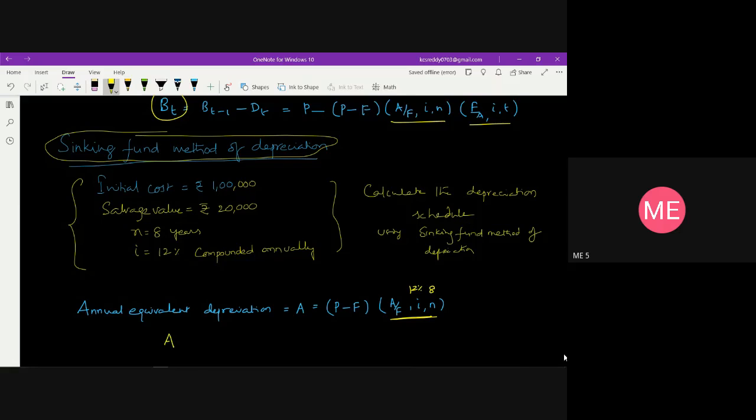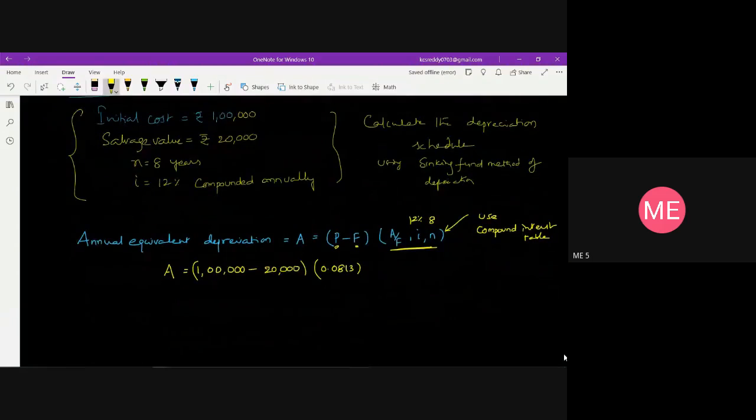Here A is calculated with P, the first cost, that is 1 lakh, minus F, the salvage value, that is 20,000, into the factor A by F. Using the compound interest table to get this factor value, I got 0.0813. Multiplying, we get 6504.